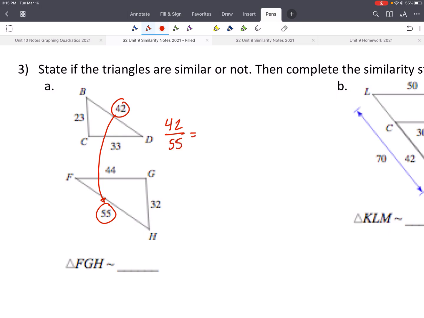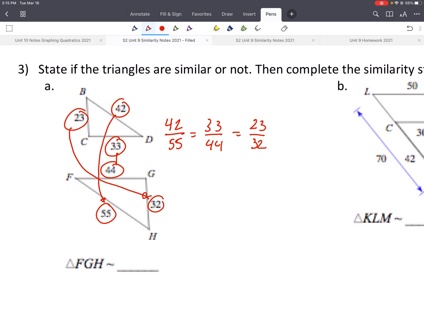And then the next largest would be the 33. That should correspond to the other next largest, so we'd do 33 over 44. And then we could do 23 to its smallest, which is 32. Looking at the fractions, it's hard to tell, so we should write them as decimals.